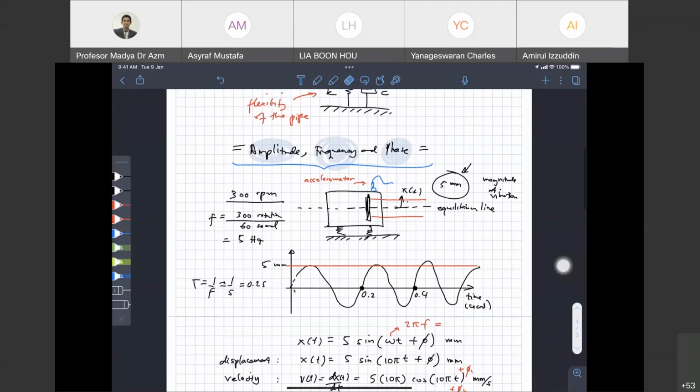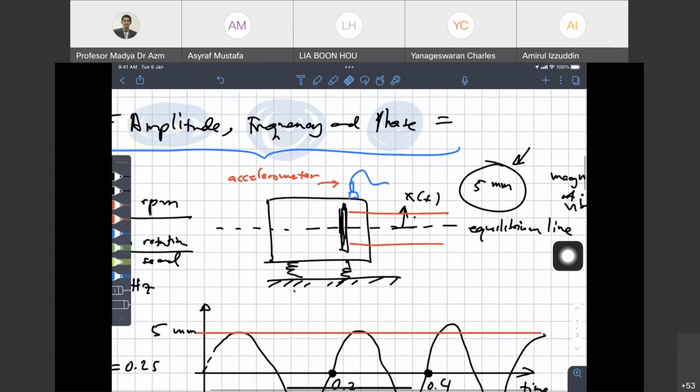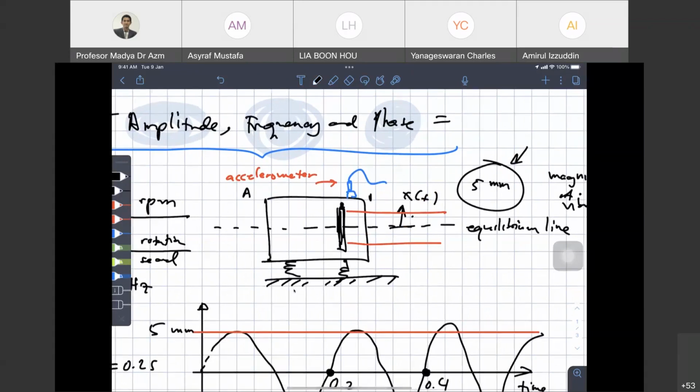Okay, so let's say this machine here, it can move vertical. If you take this one point A and point B, because in vibrations, in practice, if you go to the oil and gas platform, you cannot say by eye.